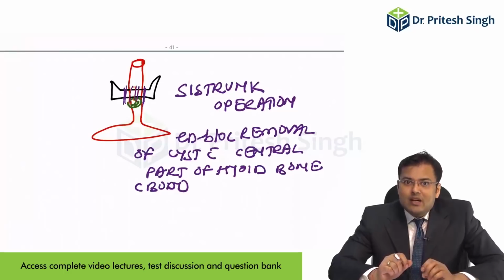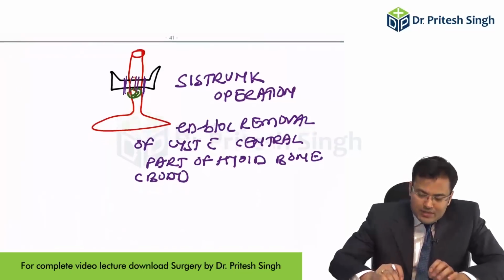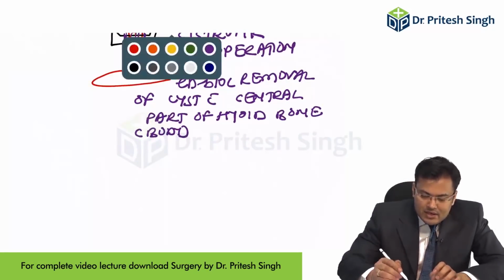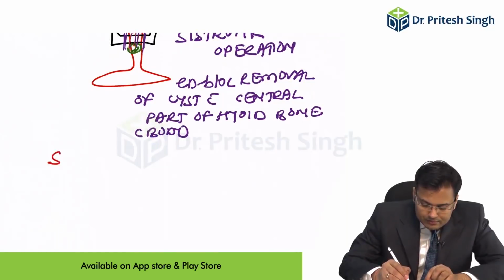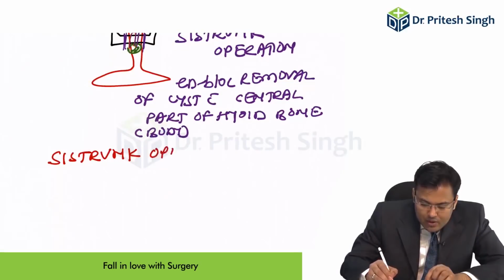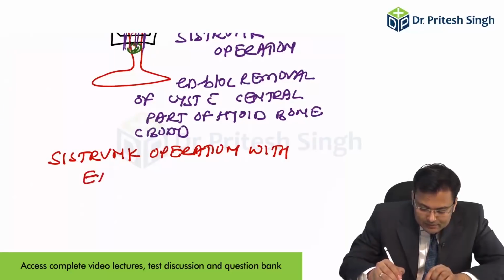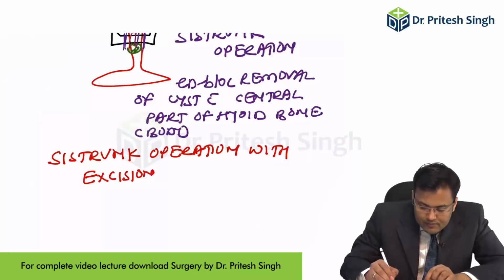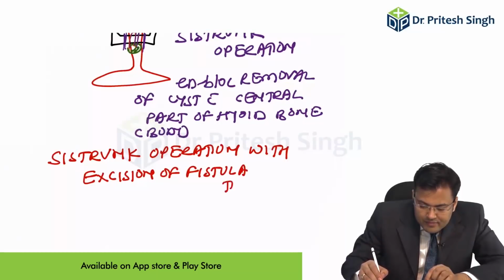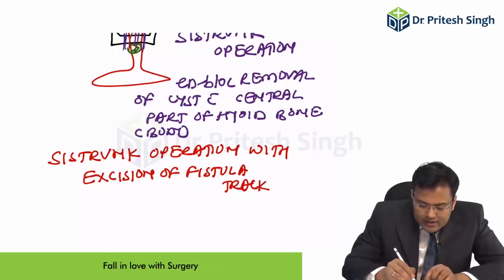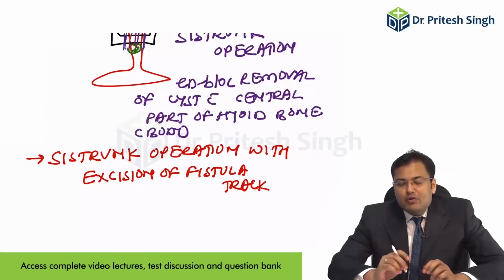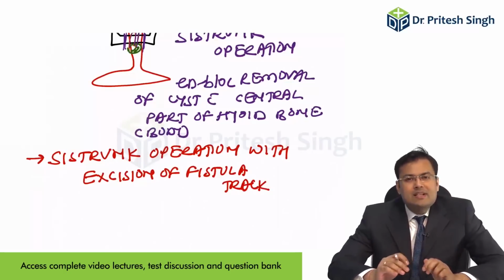So for thyroglossal fistula also, the treatment is the same, Sistrunk operation with excision of fistula tract. So this is the treatment for thyroglossal fistula. This is the congenital abnormality.